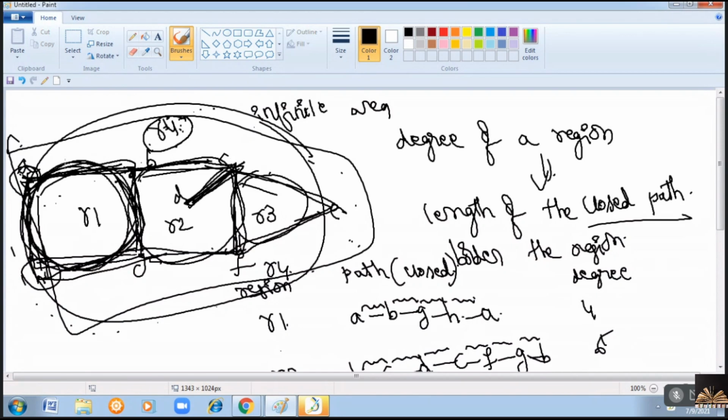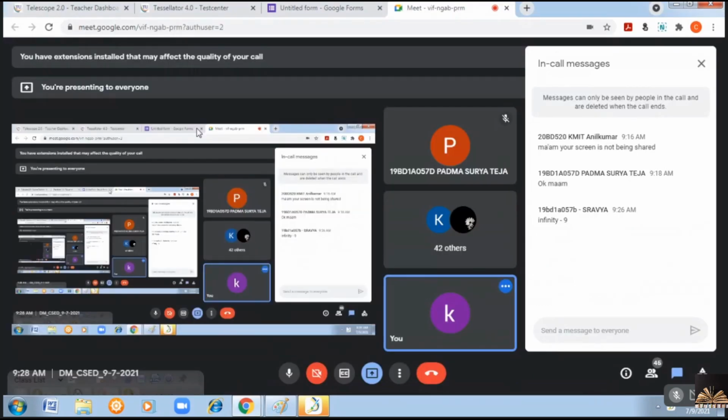In this plane, some area is occupied by R1, some by R2, some by R3, but the remaining is the fourth region, right? But when you talk about the degree, what is the border for this R4? That is what we are concentrating on. Is it clear? I am talking about the borders.